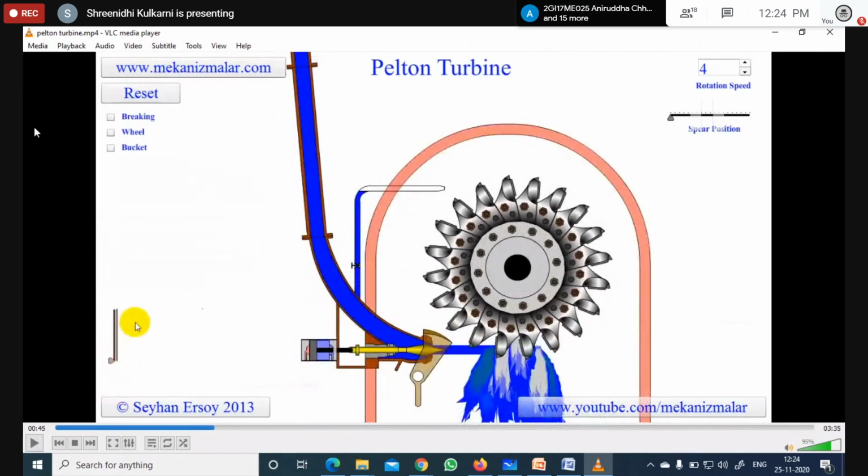So here we have the nozzle. We can operate it manually. Even in the lab you can see the Pelton turbine, where there is one handle. Once we rotate it, we can control the flow rate of the water. Inside this nozzle the pressure reduces and the velocity increases, and that jet of water with high velocity directly hits the turbine blade.